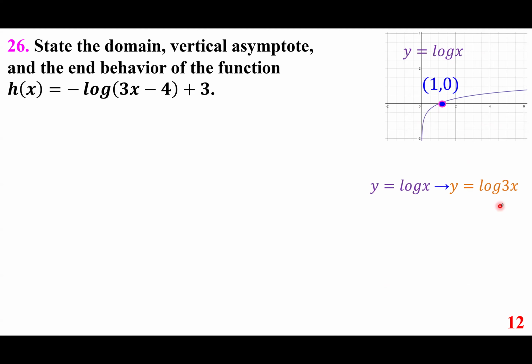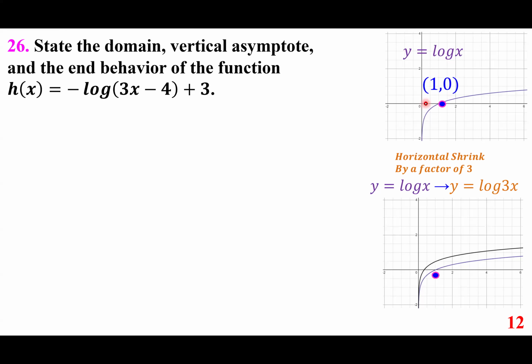Now, from log x, we're going to go to log of 3 times x, which means a horizontal shrink by a factor of 3. So for example, 1, 0 shrinks to 1/3, 0. That's the meaning of it.